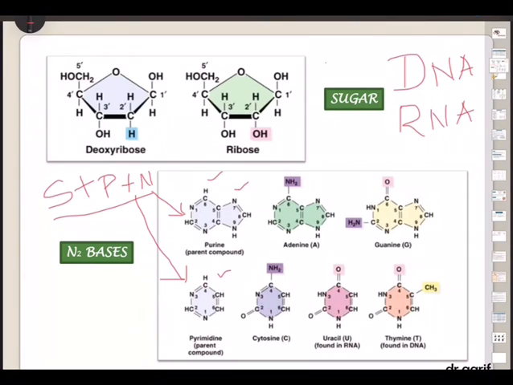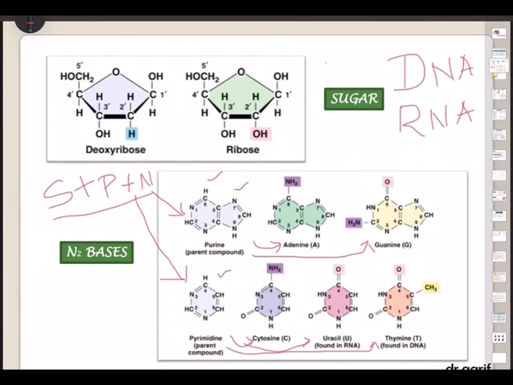It's something like that. You can also see that purines have carbon numbering, as do pyrimidines. But the main difference between purine and pyrimidine is that purines are double ringed structures and pyrimidines are single ringed.